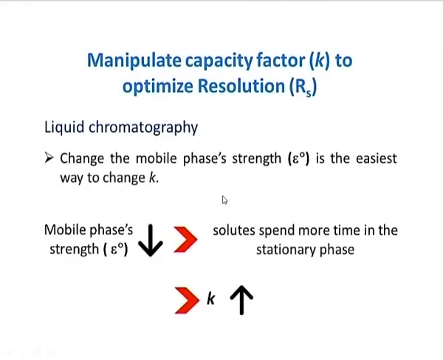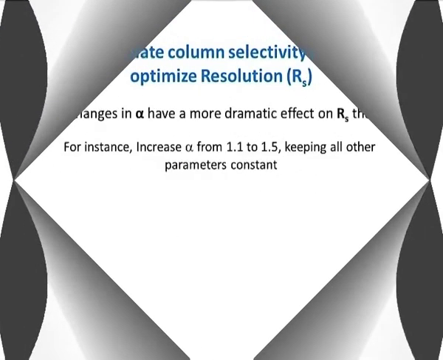For liquid chromatography, you can change the mobile phase strength, and that is the easiest way to change capacity factors. One would reduce mobile phase strength, and that would mean your solutes will spend more time in the stationary phase, and capacity factor would increase for both the peaks in question, right.